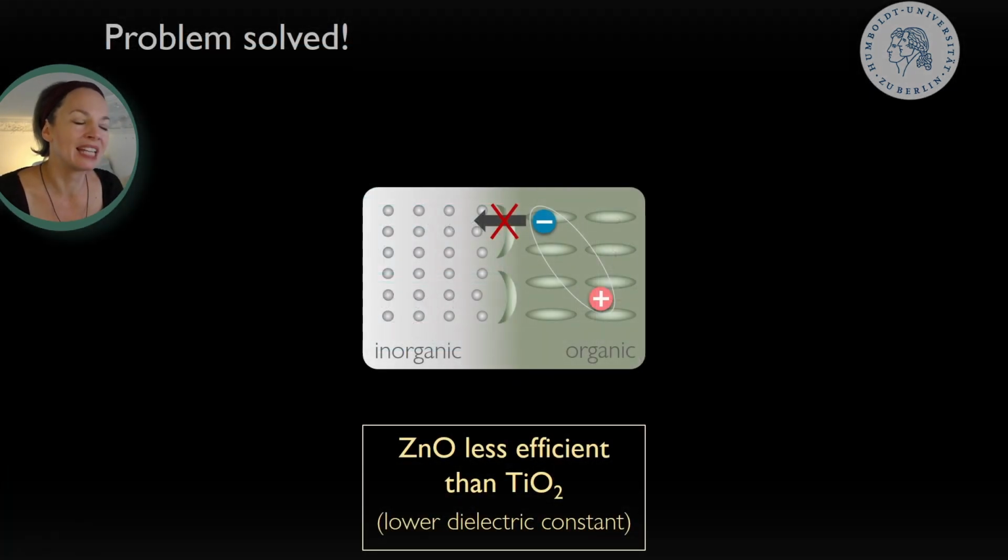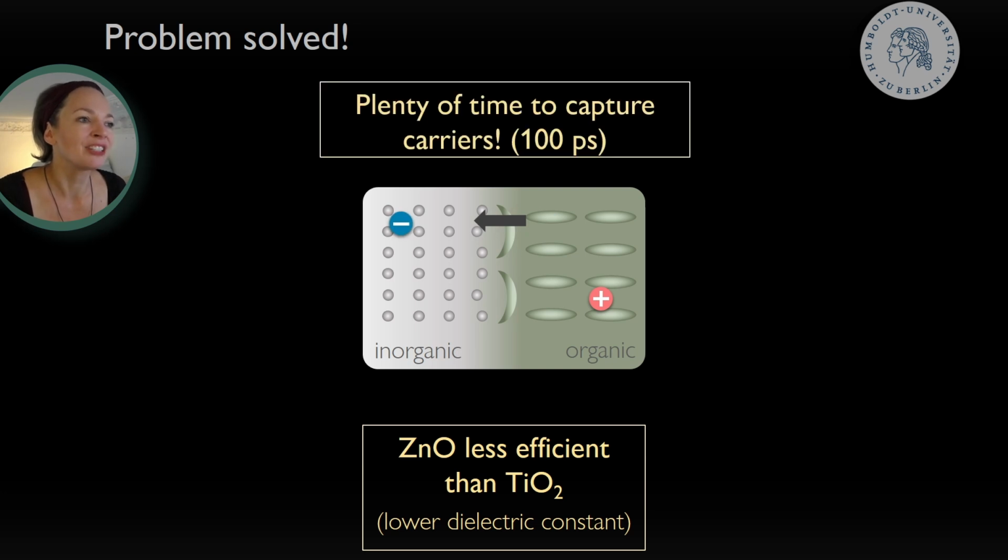We now understand why zinc oxide is less efficient than TiO2 due to the lower dielectric constant, but we also know that we actually have quite a significant time window of 100 picoseconds to actually capture the electrons, because they do get separated from the holes.